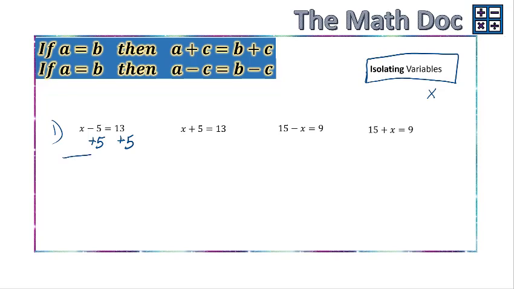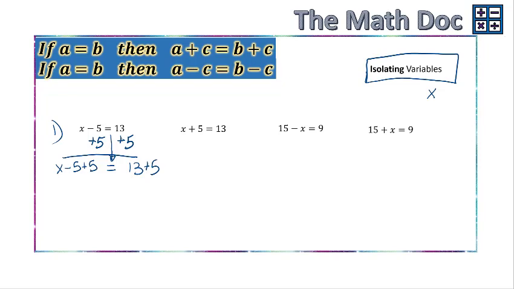We're going to guess, or not guess, just by seeing that we have x minus 5, that it would be a good idea to add 5 to both sides of the equation. So on the left-hand side, we have x minus 5 plus 5. And on the right-hand side, we have 13 plus 5. And we know that we've added the same number to both sides, so we can put an equal sign here, right? The equal sign remains because we were careful.